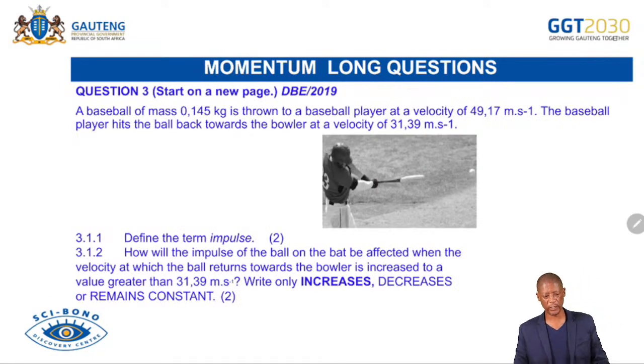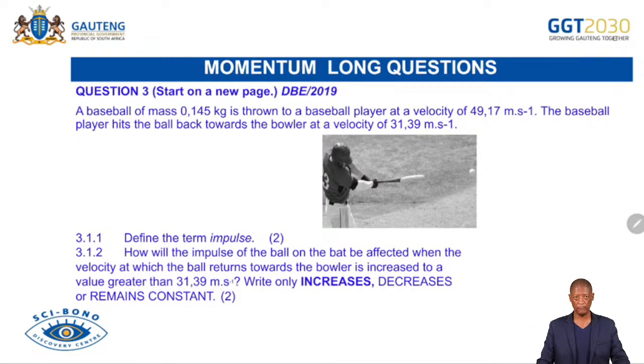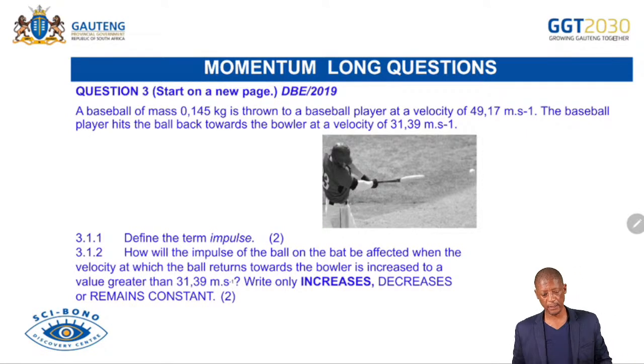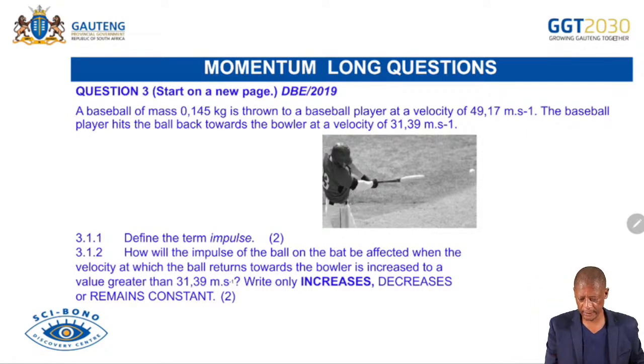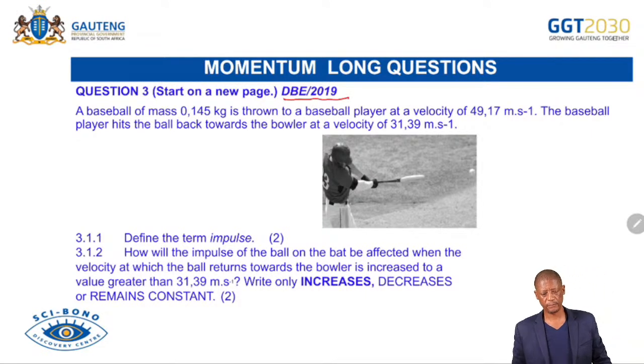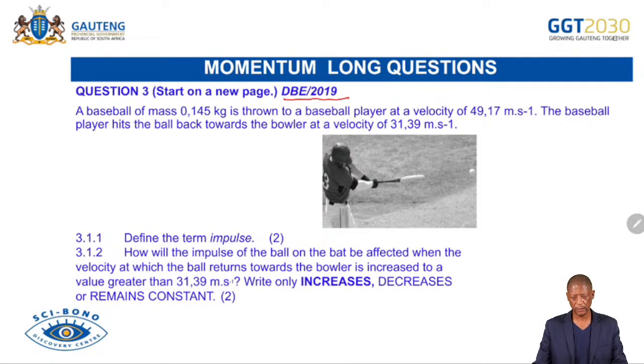This is our last question, and then our lesson's over. I'm not going to do it. This is an extract from the paper that was written in 2019, the Grade 12 Technical Sciences paper.